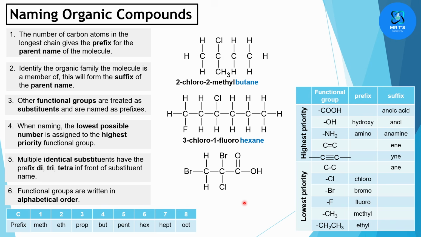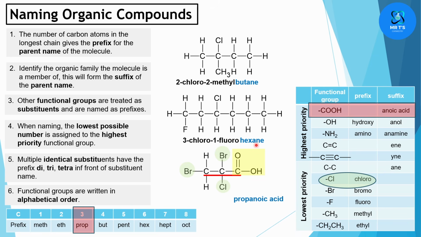Okay, let's have a look at this last molecule. This last molecule is a bit busy. We have 3 carbons, so it's going to be prop-. We have this -oic acid here, and remember, that's the most important. It has a chloro group, and it has these bromine groups here. The parent name for this is propanoic acid.